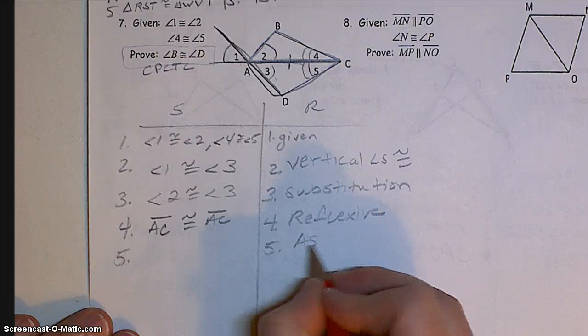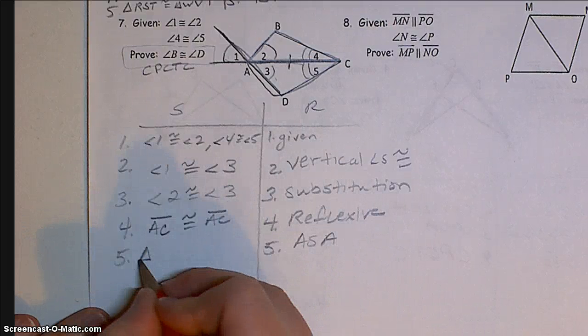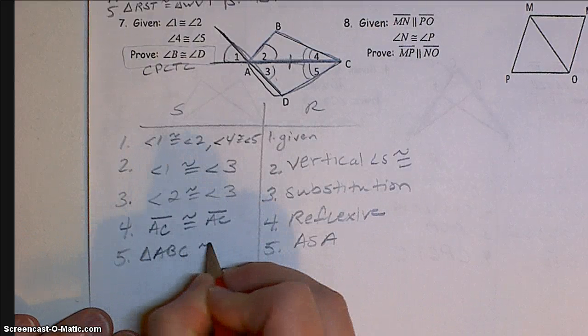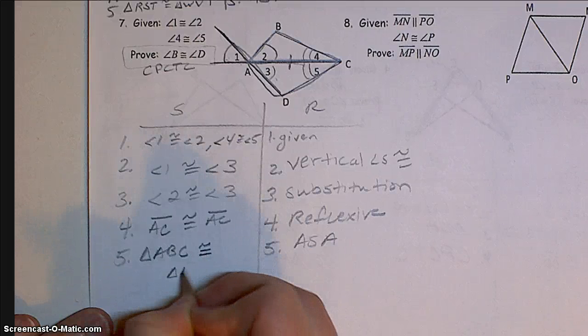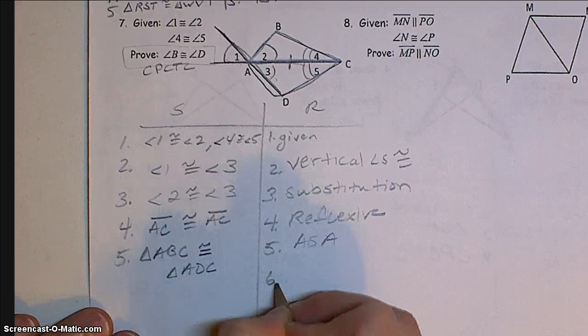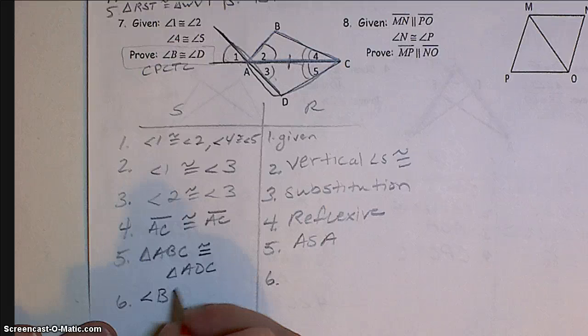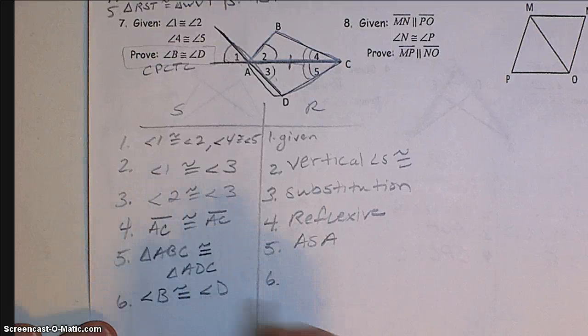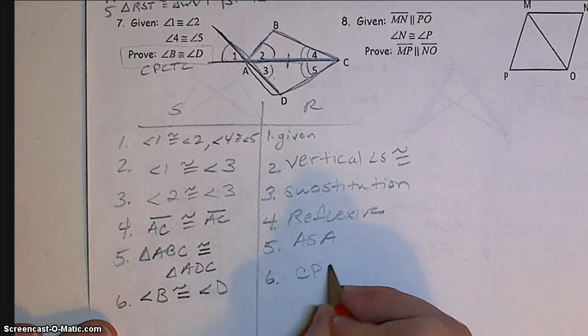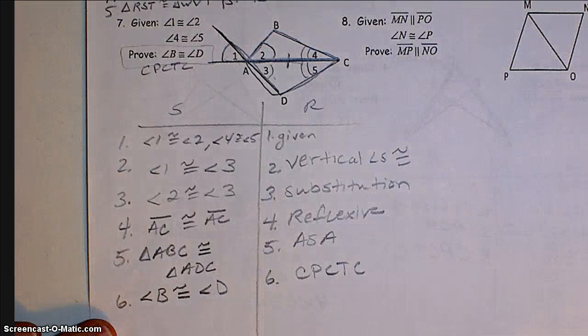Now I have ASA. So triangle ABC is congruent to triangle ADC. If the triangles are congruent, then their corresponding parts are congruent. By CPCTC. Done.